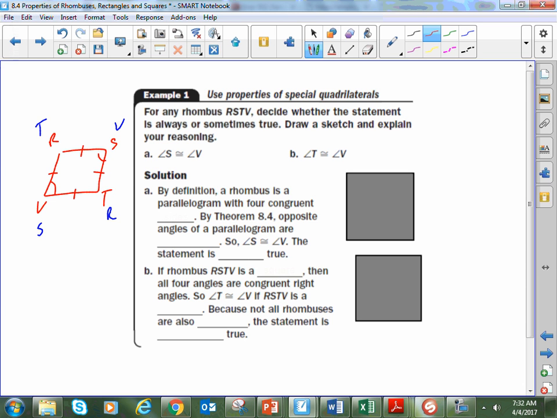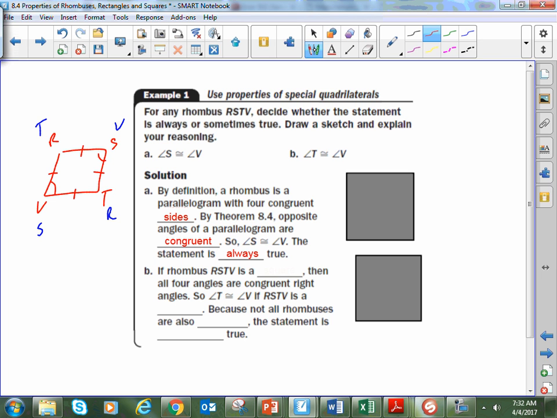One of the characteristics of a parallelogram is that it must have opposite angles that are the same. In this case, angle R and angle S, the way that this particular parallelogram is named, those two angles are in opposite corners of each other. So I would say, yes, this has to be always true in this case.